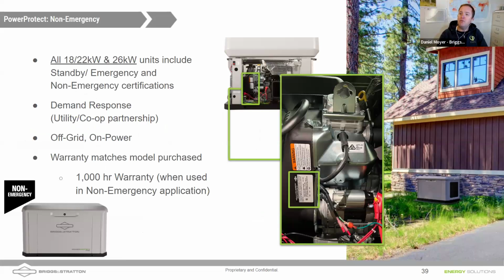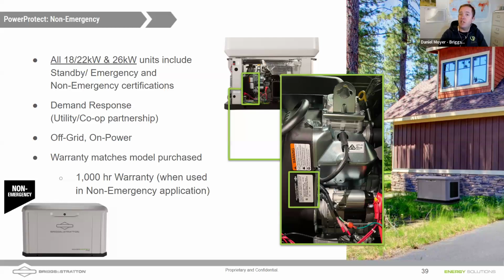So we have two essential warranties a little bit. Our 18, 22, and 26 air-cooled generators have what's known as non-emergency certification. What that means is that as long as they have another source of power. So if we are at a home that has solar, that has a 6.6 stack of batteries, yes, we will cover the warranty on the generator as a non-emergency use.